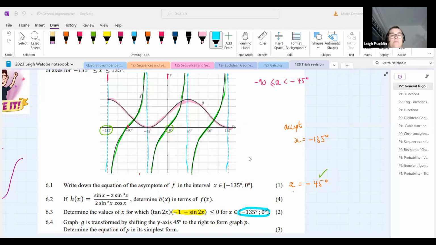Cool. All right. Back to question 6.4. Right, so they've moved the y-axis 45 degrees to the right-hand side. What would that mean for the graph of G? If the axes move 45 degrees to the right, what would happen to the graph of G? Or what would it appear has happened to the graph of G?